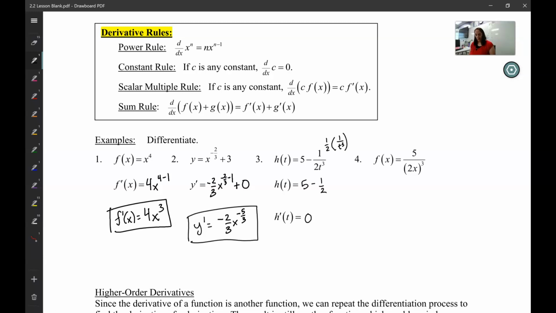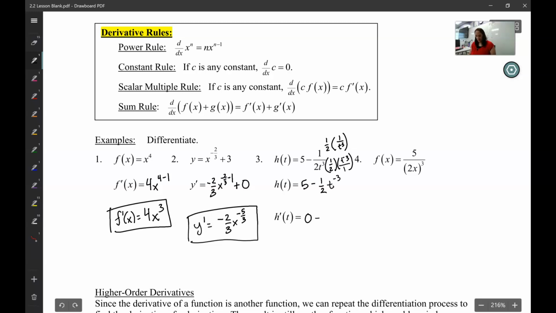And if you remember, we have a rule that says if I have an exponent in the denominator, I can bring it up to the numerator. I just have to change the sign of the exponent. So 1 over t cubed would be t to the negative 3 over 1. Take the reciprocal, change the sign on the exponent. So that's what I'm going to do here.